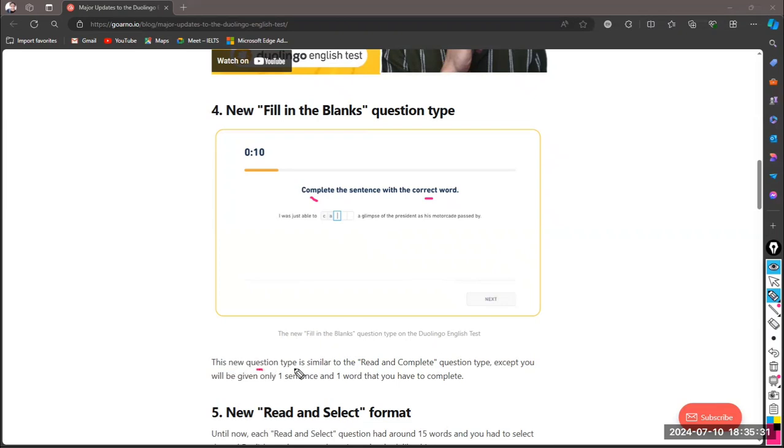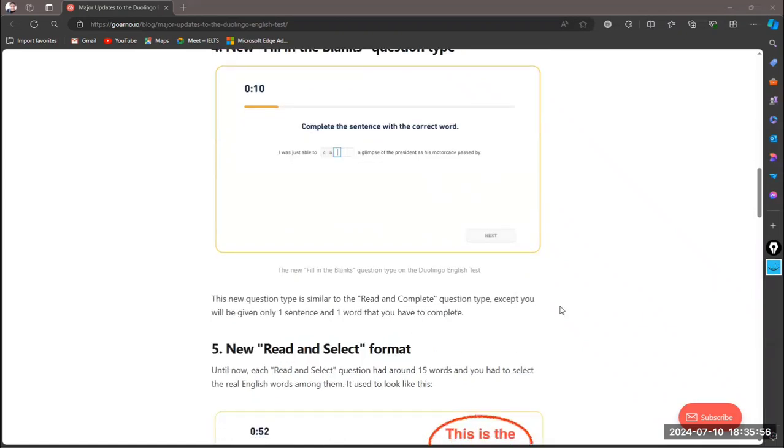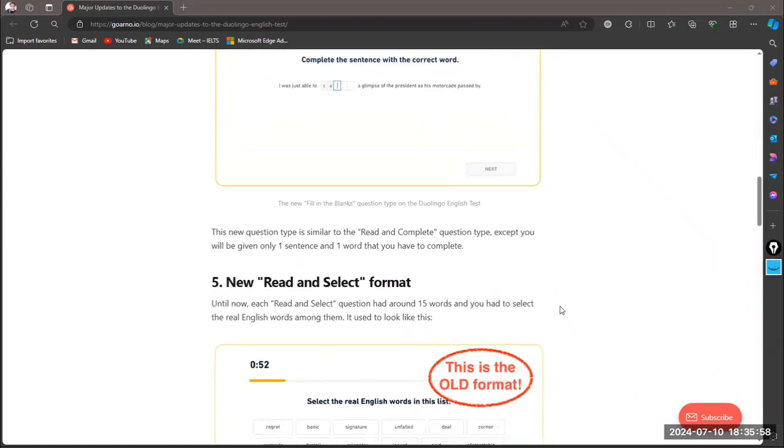So this new question type is similar to read and complete, except you will be given only one sentence and one word that you have to complete. So one sentence, as we notice in this picture, and only one word is going to be given to you just to complete the sentence. And absolutely, the sentence should be meaningful. So approximately, it's the same as read and complete.